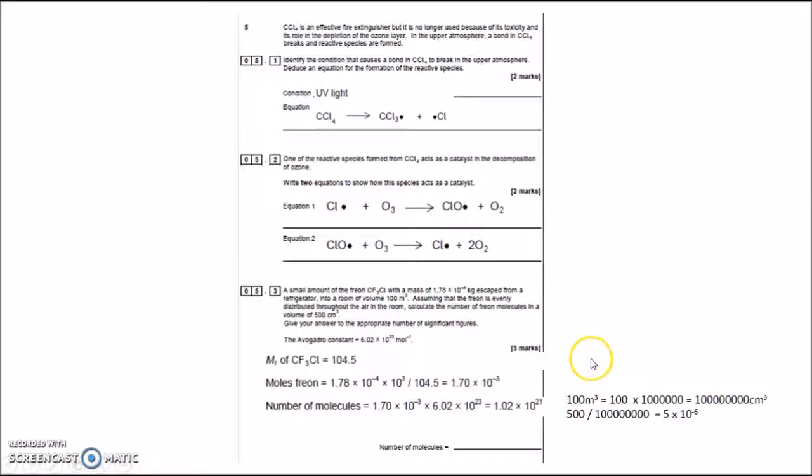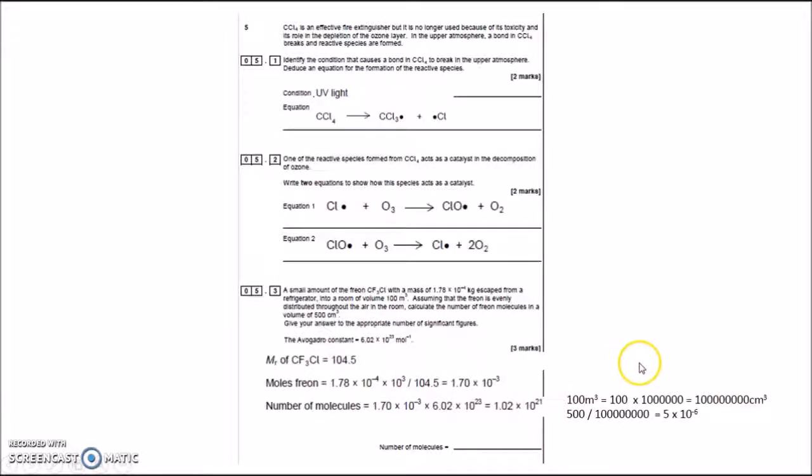If I had a cubic meter, a cube that was a meter by a meter by a meter, to do a cube, I take the height multiplied by the length and multiplied by the width. Now a metre is 100 centimetres, so I've got 100 centimetres height, 100 centimetres width, and 100 centimetres length.